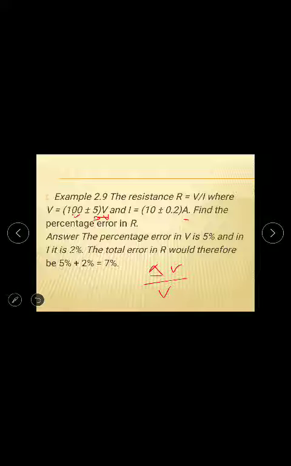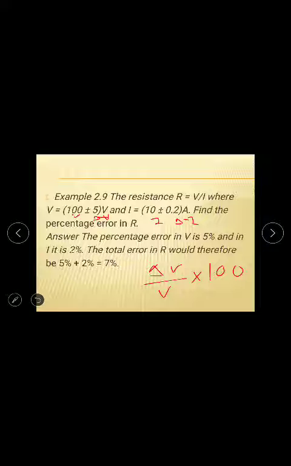Same like that for I. The first quantity it is of I. Next it is of delta I. Okay. So delta V upon V into 100. So we will get a percentage error. Put the value. Delta V is what here?